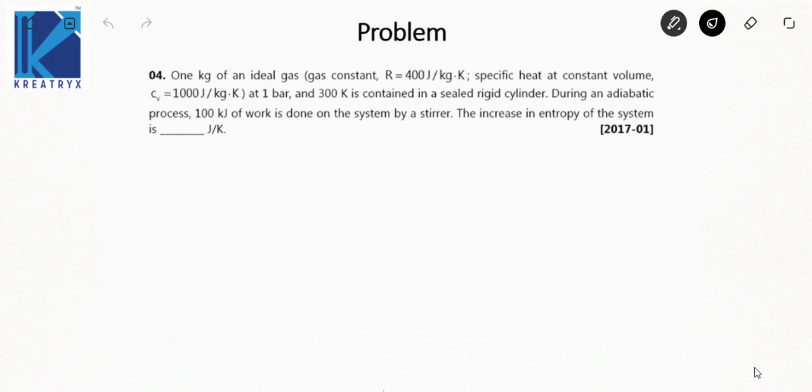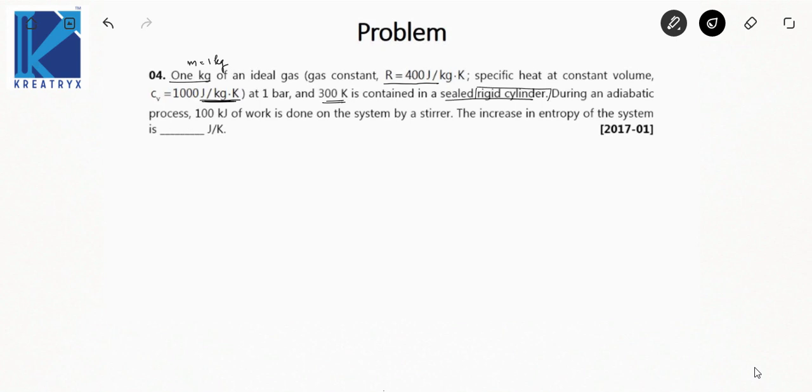Next question: 1 kg of an ideal gas, mass is 1 kg, gas constant value is given, specific heat at constant volume value is also given in joule per kilogram Kelvin. Note down the units. At 1 bar and 300 Kelvin, initial conditions are given, it is contained in a sealed rigid container.